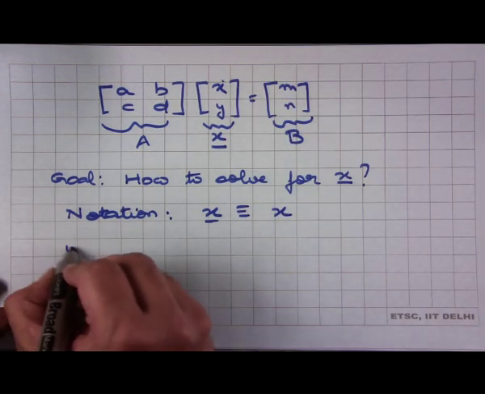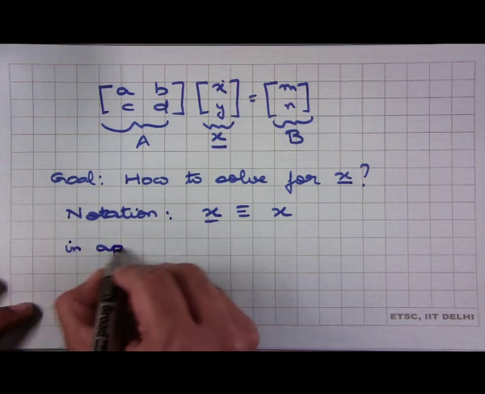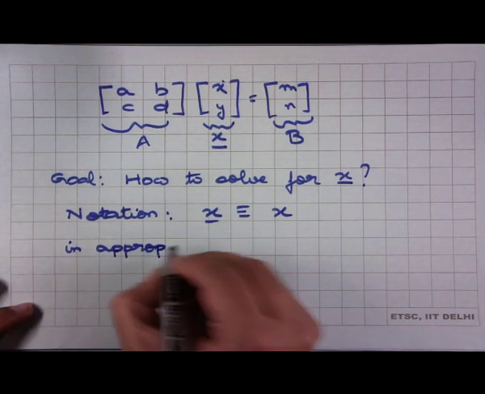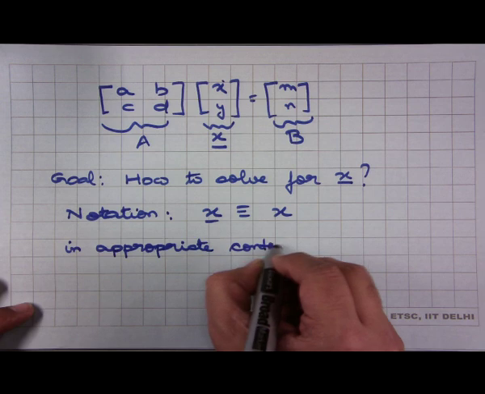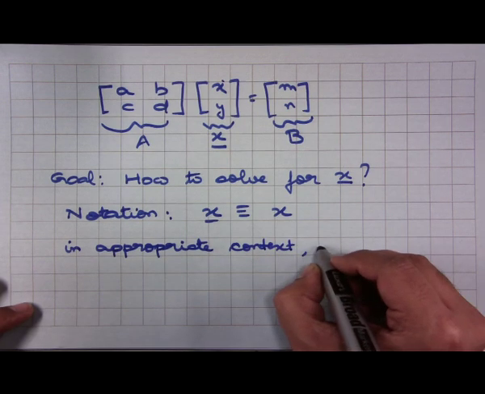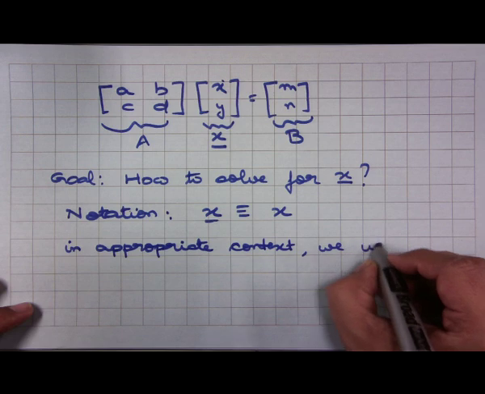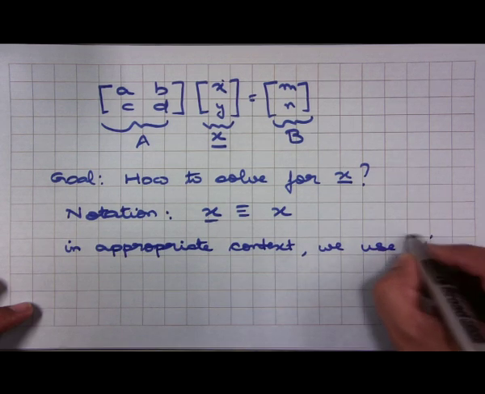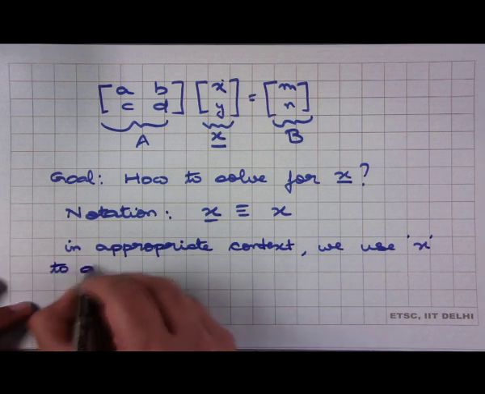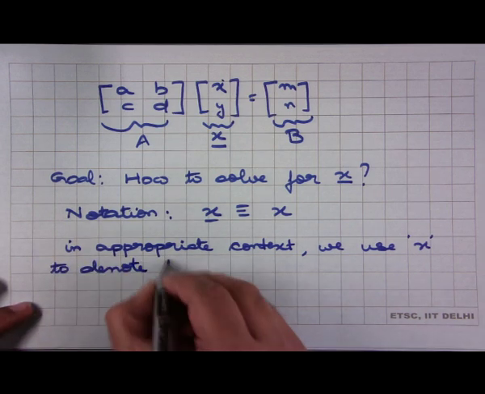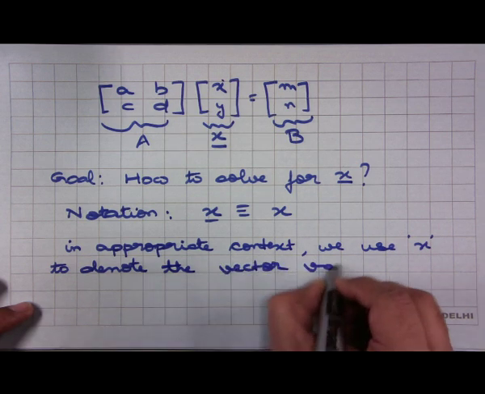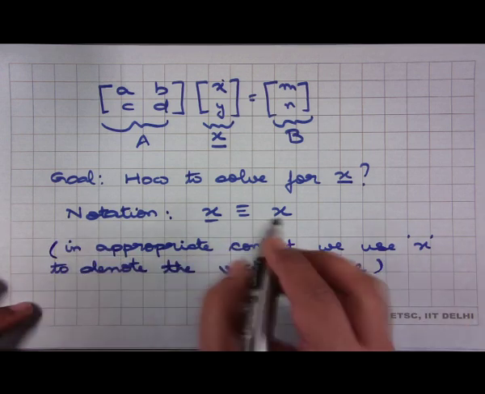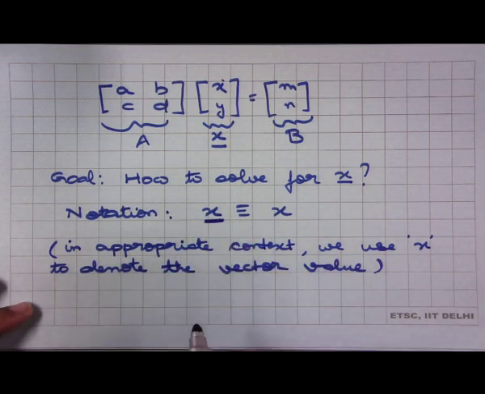So, in appropriate context, we use x to denote the vector value. Although we will try to be careful to use the x with the underbar to avoid any confusion.